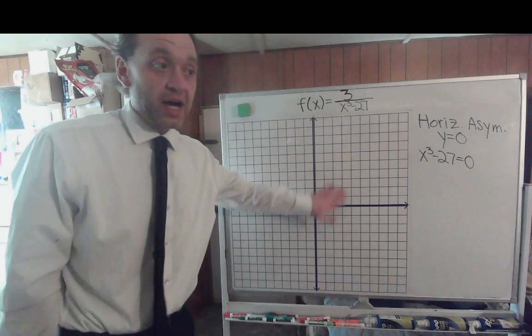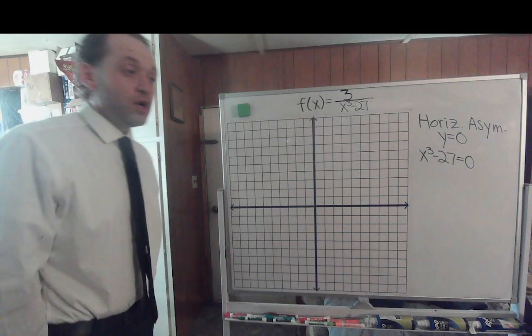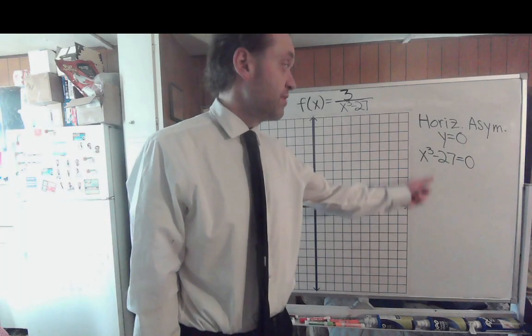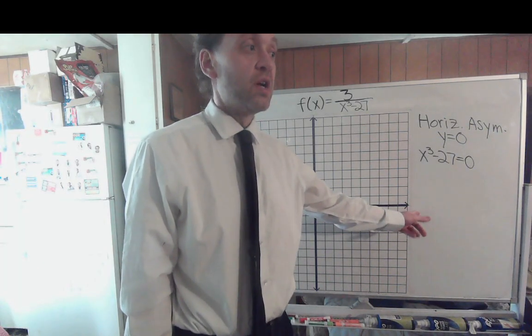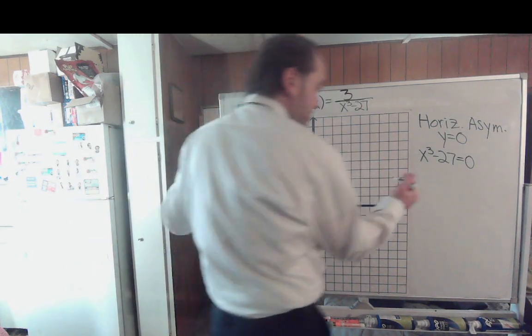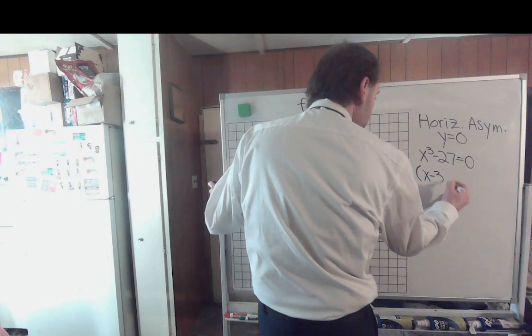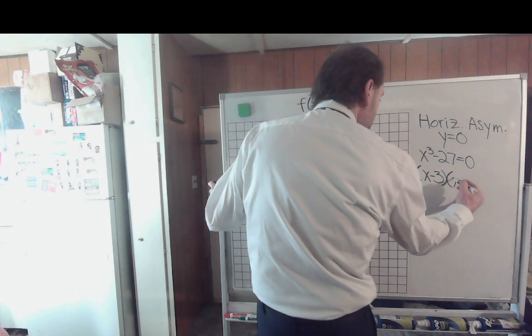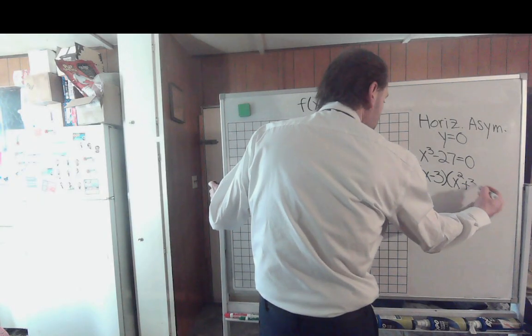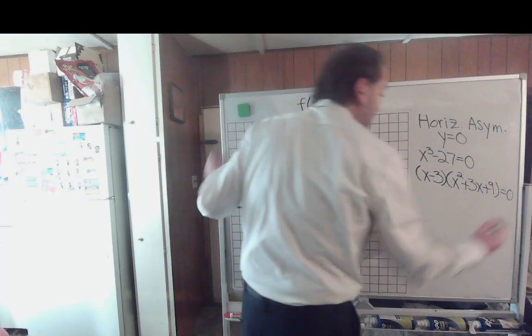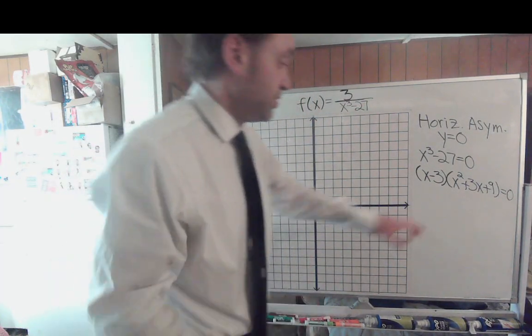We know we could factor this as a difference of 2 cubes. So x cubed minus 27 breaks down into x minus 3 times the quantity x squared plus 3x plus 9, equal to 0, right? Difference of 2 cubes.